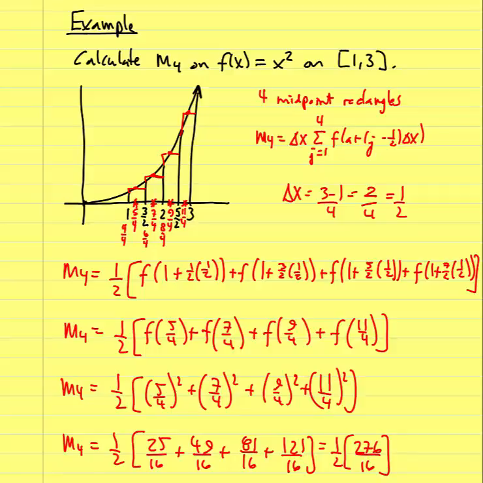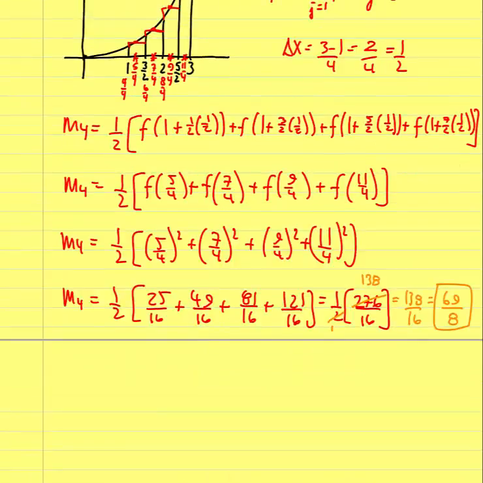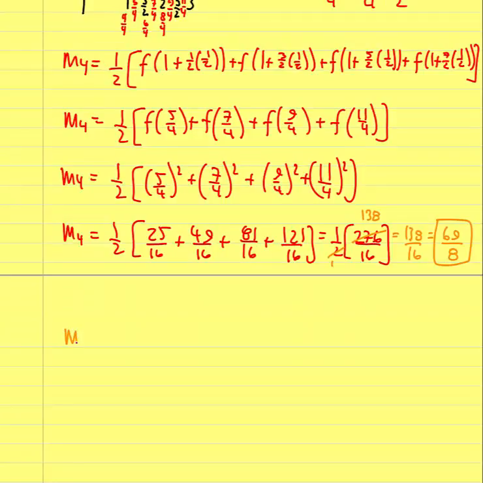So we could multiply this out, or we could start reducing. 2 goes into 276 138 times. So I'm left with 138 over 16, which reduces, since they're both divisible by 2, to 69 over 8. So this is my midpoint. M4 is equal to 69 over 8.